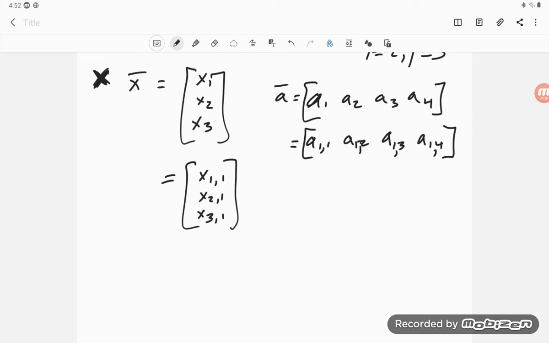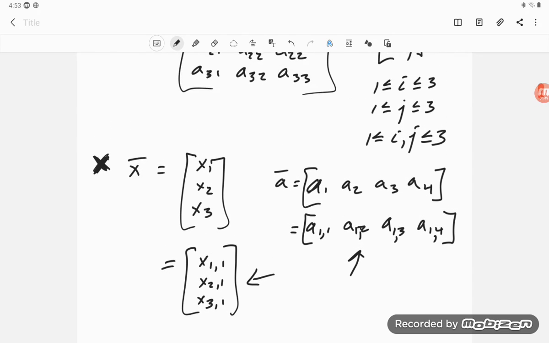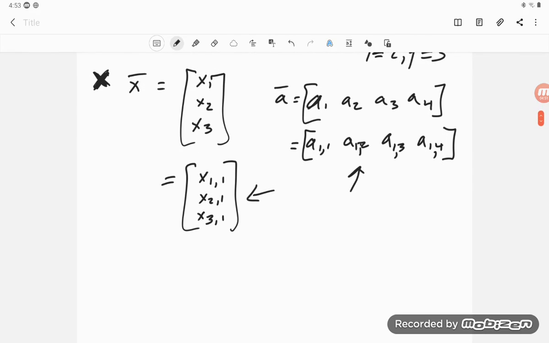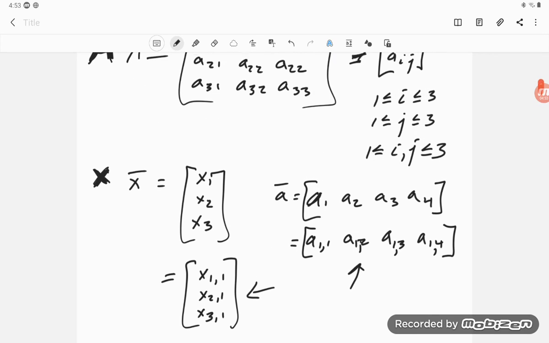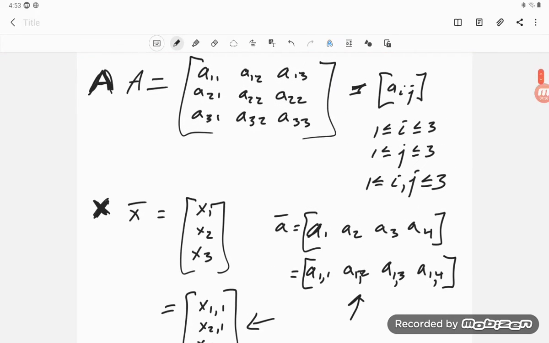But like I say, for technology, sometimes it is not a bad idea to think of things, even if you have a vector, as a matrix with either only one column or one row. Okay, and I think that is the notation that we need to get through right now.